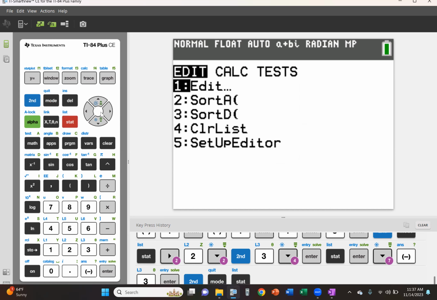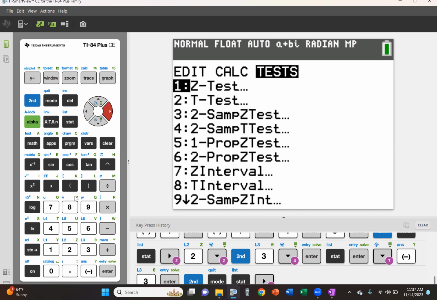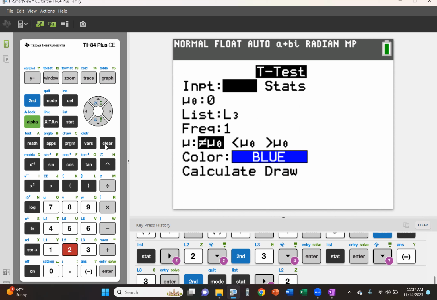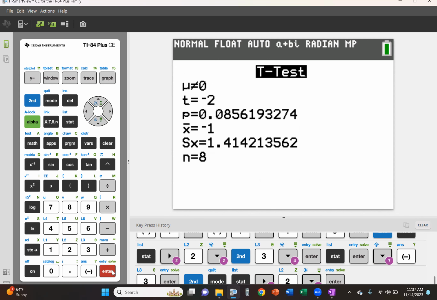So stat, tests, t-test number 2, go calculate. That looks better. So my t statistic is -2, and my p-value is 0.0856.